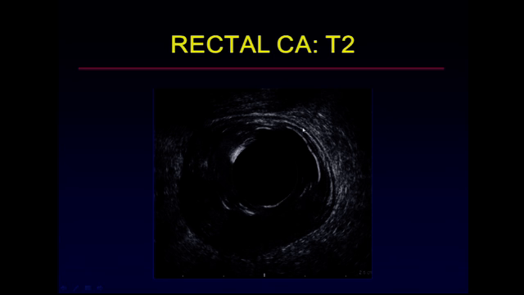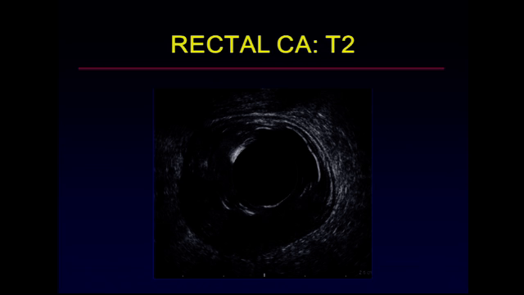And there you can clearly identify the outer hypoechoic rim of the muscularis propria. And you can see that that rim is intact, and the tumor, although very large, is contained within that. And this would be, although a very large tumor, at least by ultrasound, a T2 tumor.